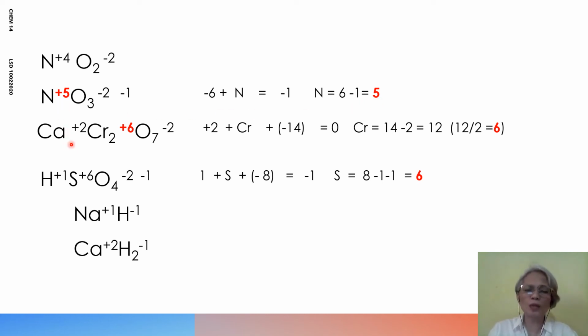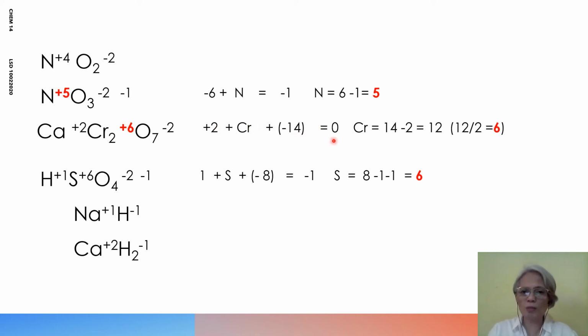What about calcium dichromate? So again, we assign the more electropositive element. Calcium, being an alkaline earth metal, has a charge of positive 2. Again, oxygen has a charge of negative 2. So negative 2 times 7, that's negative 14. So you have 2 plus the oxidation state of chromium plus the oxidation state of oxygen.